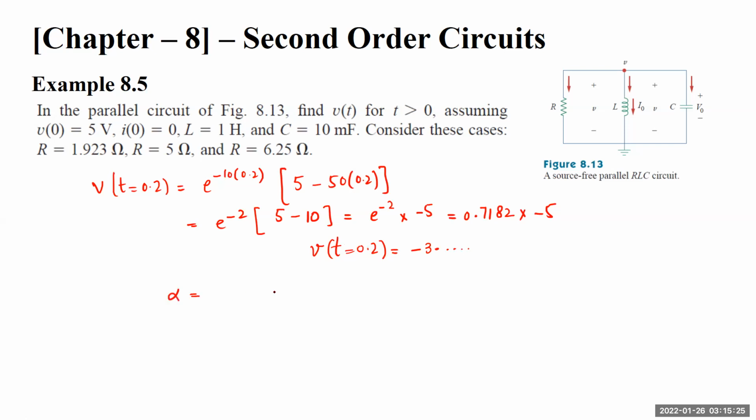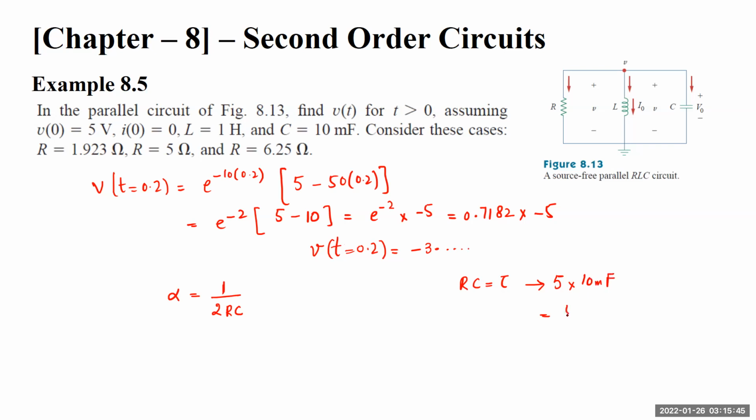Again, remember the alpha in this case is 1 by 2 times RC. The RC, or the time constant or equivalent we got: R was 5 ohms and capacitance was 10 millifarad.